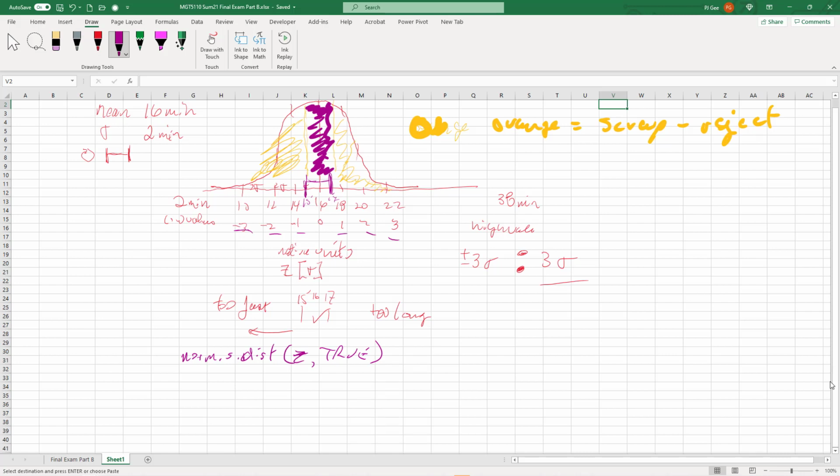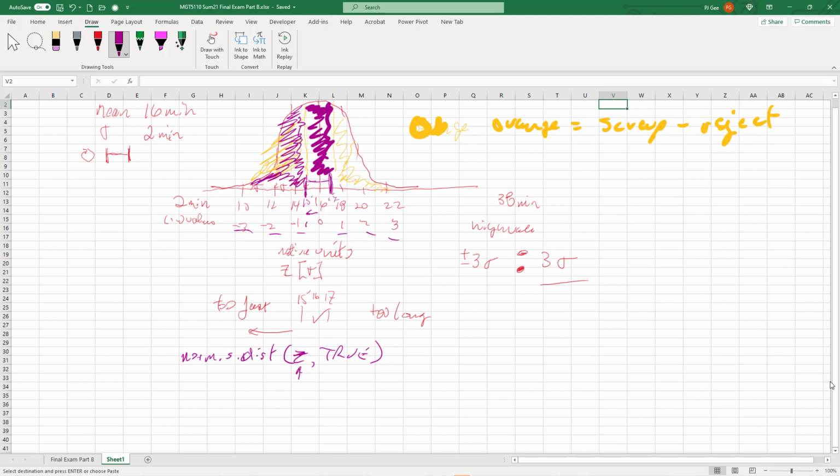So what is a z? Z is how many standard deviations we are down when we're at 15. NORM.S.DIST gives us the area under the curve, the proportion compared to the whole curve, like a probability or proportion of the curve up to the point that we put in, and we have to put it in as a z.